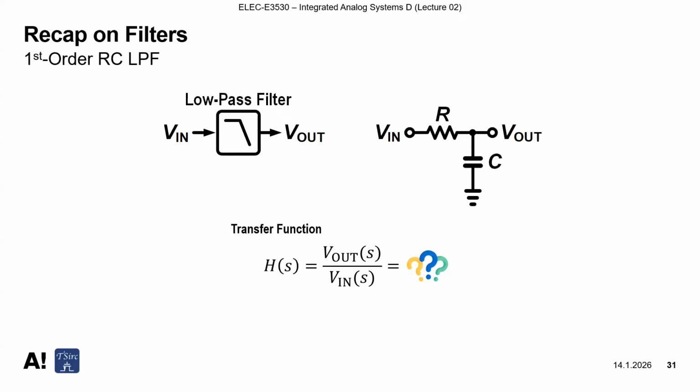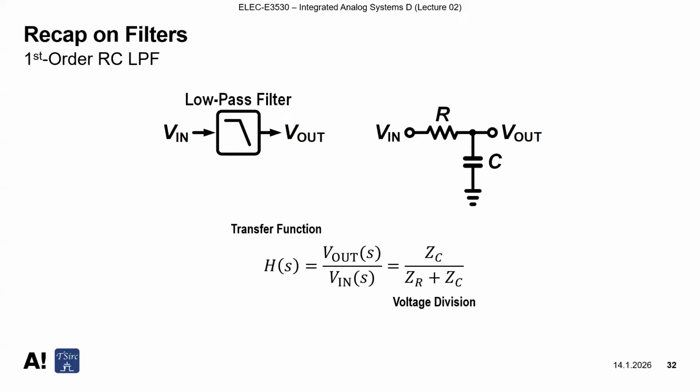Yes, good. Thank you. That's true, you didn't forget the bachelor level easy ones. I believe all of you can analyze this transfer function and the pole frequency. Let's go through a basic exercise as a recap.